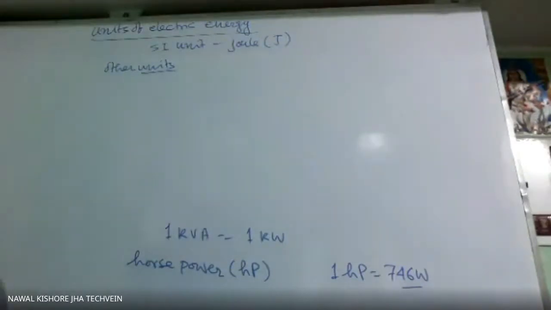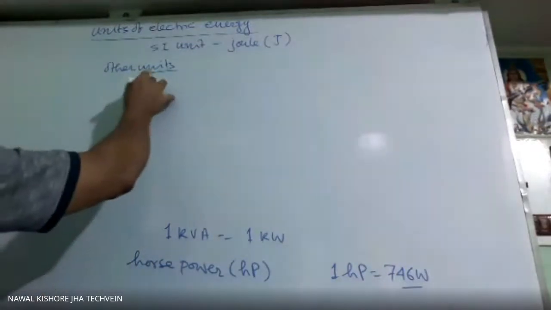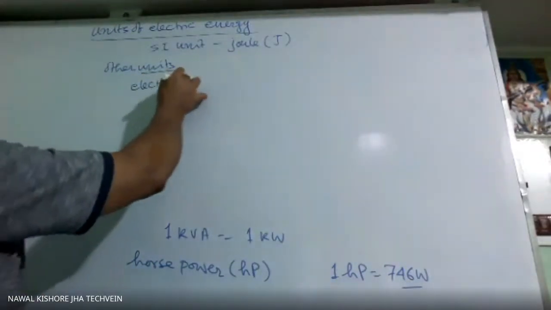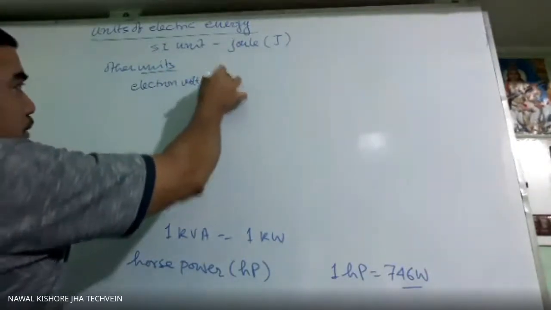For the measurement of very small electric energy, we use the unit electron volt, EV.